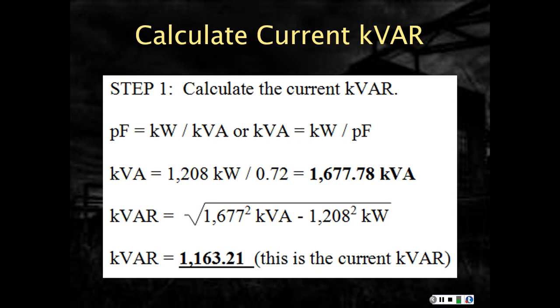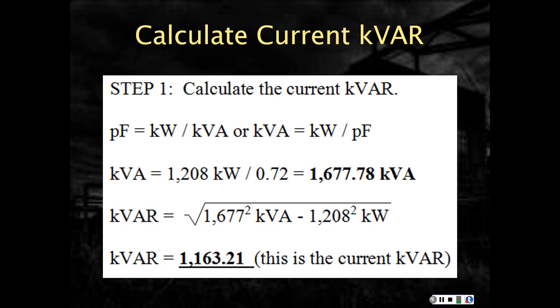So we're going to lay out this calculation into steps. Step 1, we need to calculate the current kVAR. In other words, in the current situation, what kVAR do we have to start with? Power factor equals kW over kVA, or in this case, kVA equals kW over power factor. We know the kW and we know the power factor, so we can solve for kVA, in this case 1677.78.